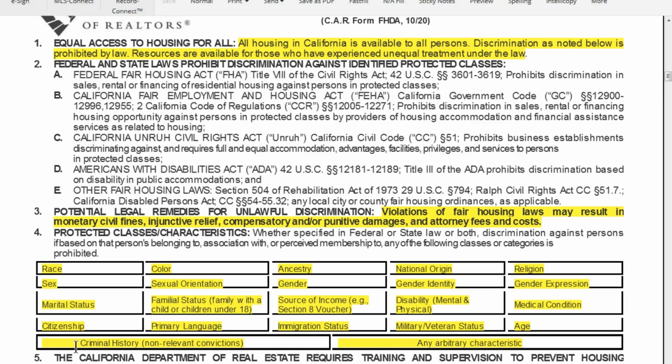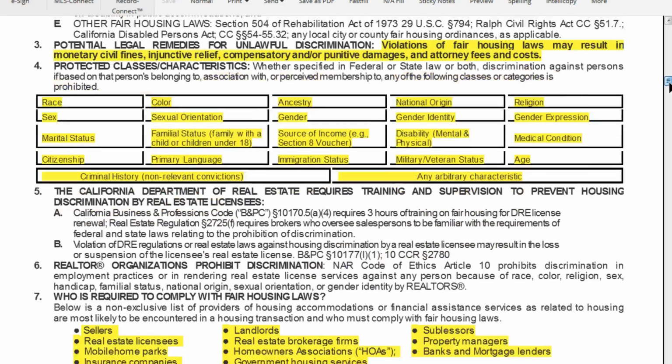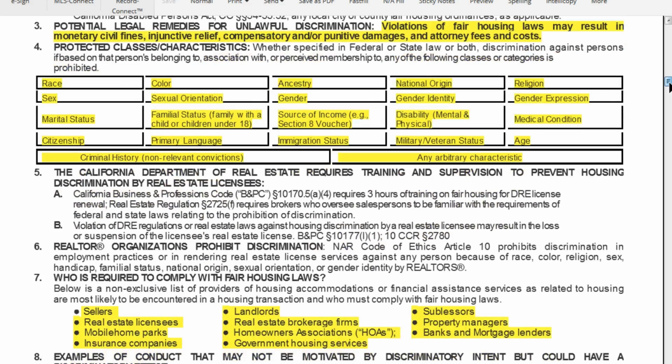Also, criminal history for non-relevant convictions and any arbitrary characteristics. So those are the protected classes that are covered by the anti-discrimination regulations.